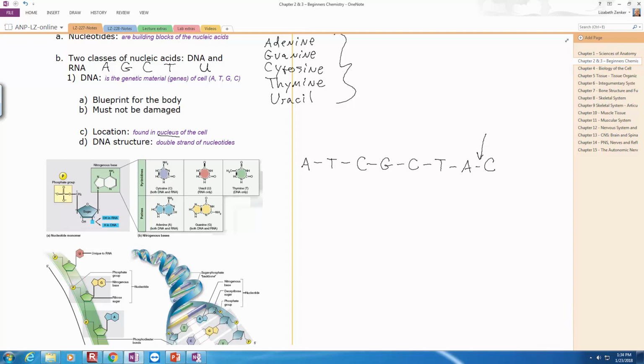So it pairs with the other strand, so that's one strand. It pairs, and certain ones pair up with each other. So what you end up finding is a pyrimidine pairs up with a purine, always. And if you look at the shape, a pyrimidine is smaller.